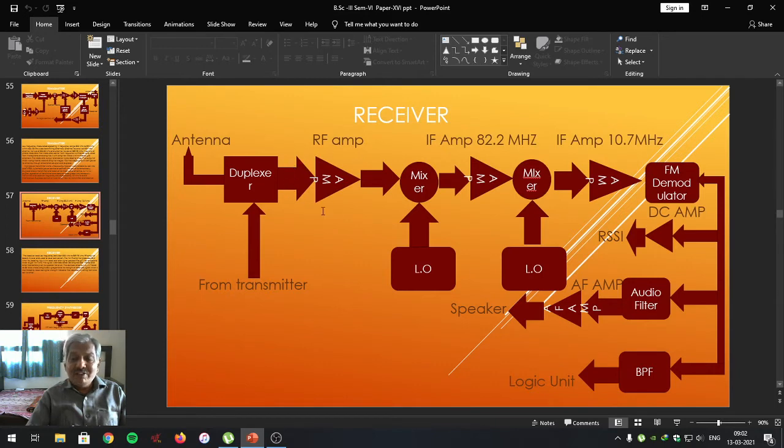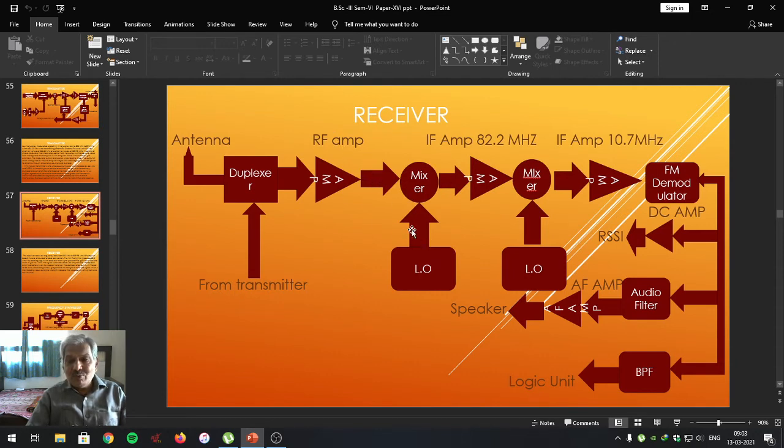The frequencies within radio frequency range which are received by the receiving antenna are amplified by this amplifier. Then it is given to the mixer stage, to which the signal from local oscillator is also provided. We are aware that local oscillator might be a Hartley oscillator or a Colpitts oscillator that generates the frequency higher than that of incoming radio frequency signal received.